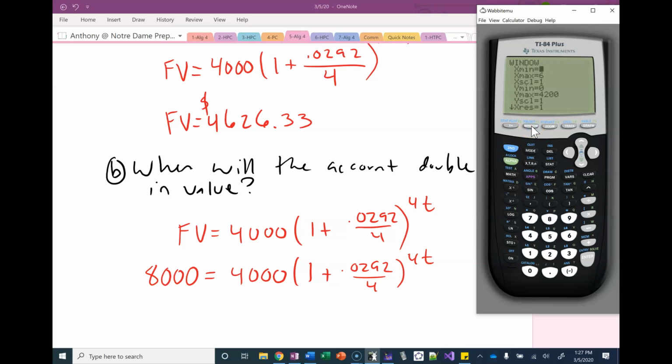So back to our window. Once we've got that in there, remember x is time, so what's a good minimum value for x? 0. That would represent the moment we put that money in the bank. Now, notice after 5 years, we got to 4,600. We want to get to 8,000.